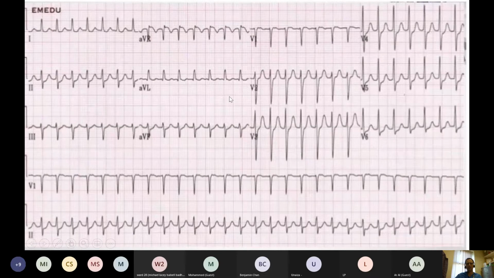So we have regular narrow complex tachycardia, very good. So the QRSs are starting to look a little bit on the wide side, but it is still, I would say, narrow, and it's a regular tachycardia.